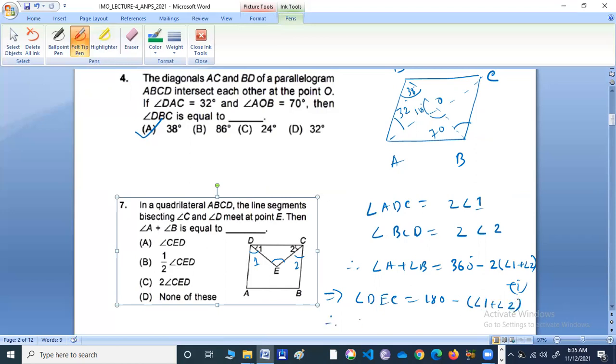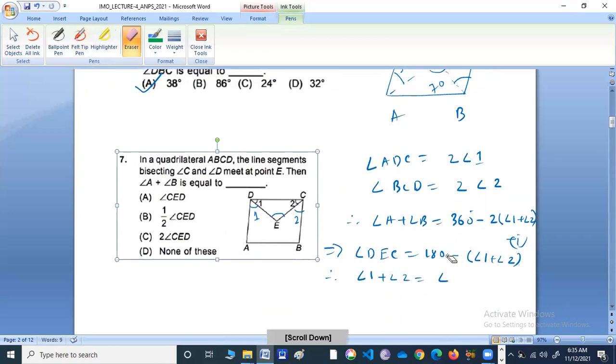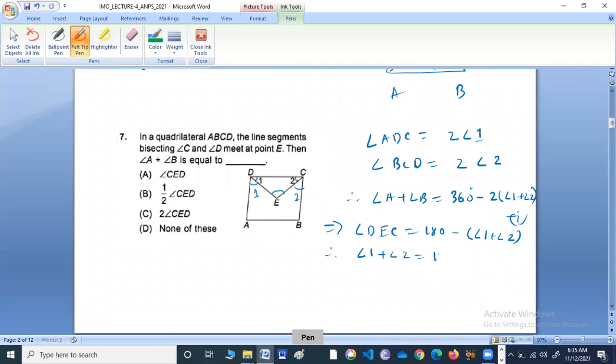Therefore angle 1 plus angle 2 will be, sorry, 180 minus angle DEC.